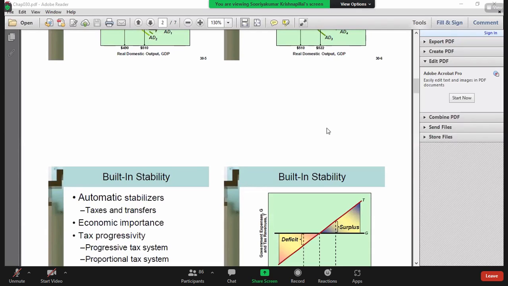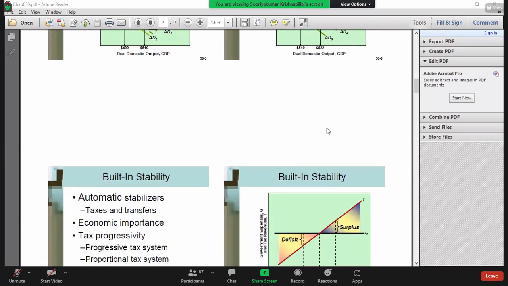So when the economy grows, the real GDP increases, income increases, then tax revenue may increase for the government. If it is a progressive tax rate, then when the income increases, tax revenue increases more than the income, because of the percentage. So the government receives more.